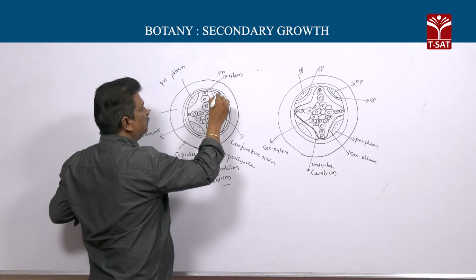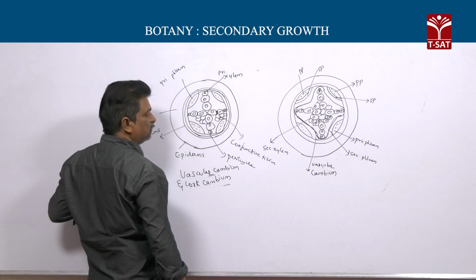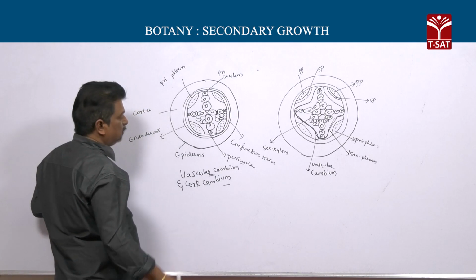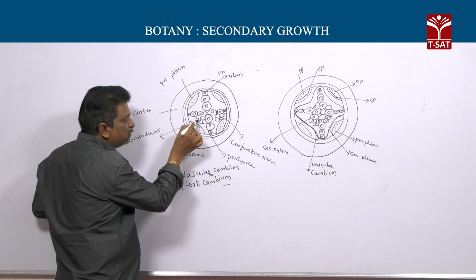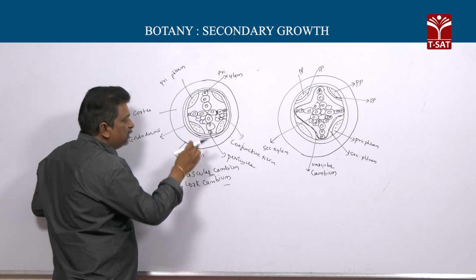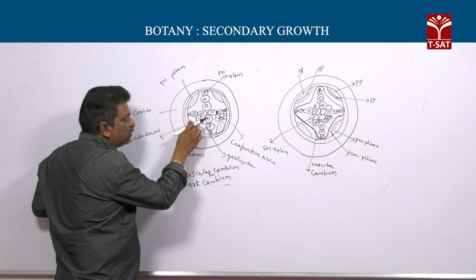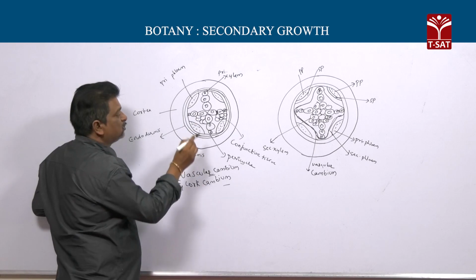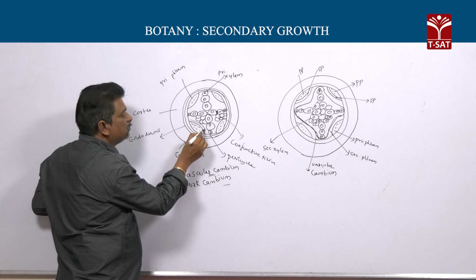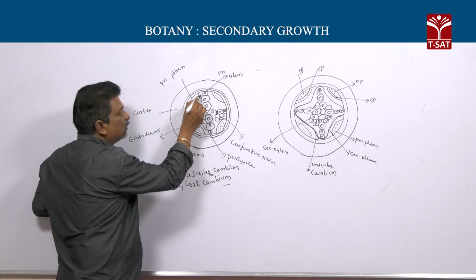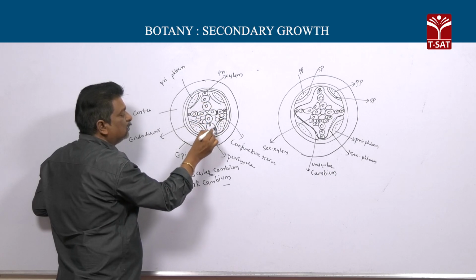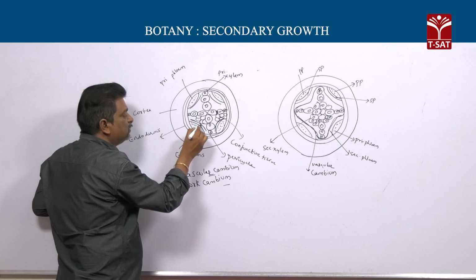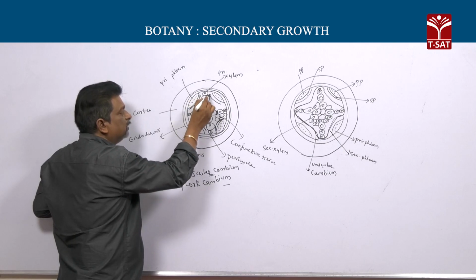Here it is the pericycle. First, the parenchyma present below the primary phloem, the conjunctive tissue, undergoes dedifferentiation and produces 4 strips of vascular cambium like this.